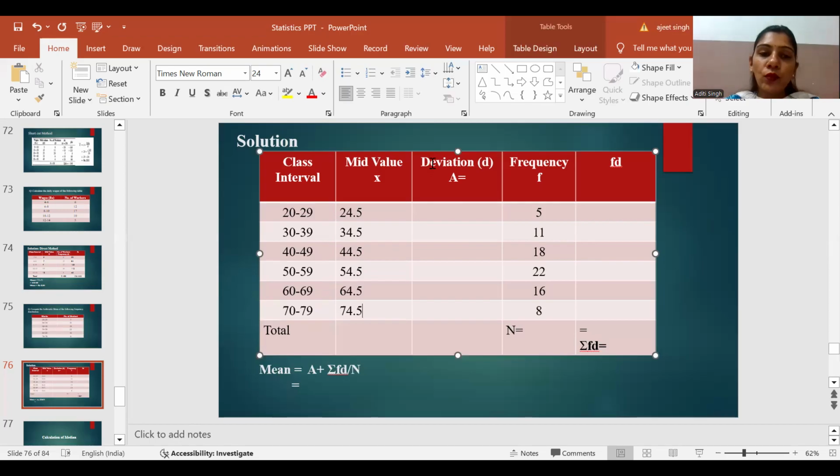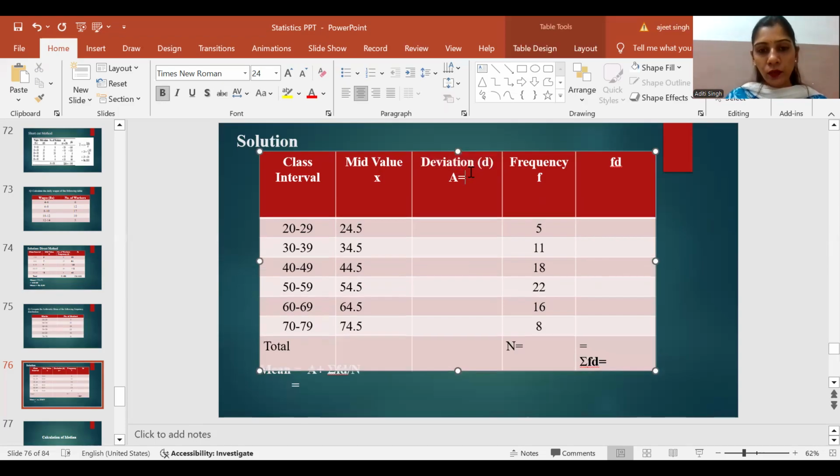Now we have to calculate the value of the deviation, which is denoted as d. How do we calculate the deviation? Deviation is equal to x minus a.